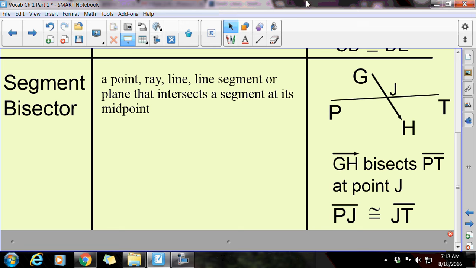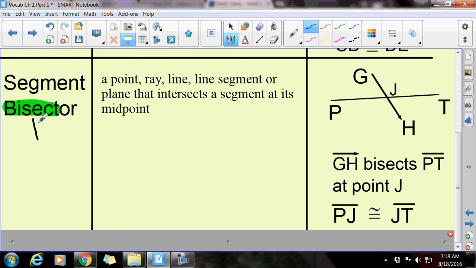The really important part here is the word bisect. So right here is the word bisect. What I might do if I were you, this is going to get really ugly because it's hard to write in this, but it'll give you the idea, is underline this little part, bisect, right here, and write that this word means cuts in half.